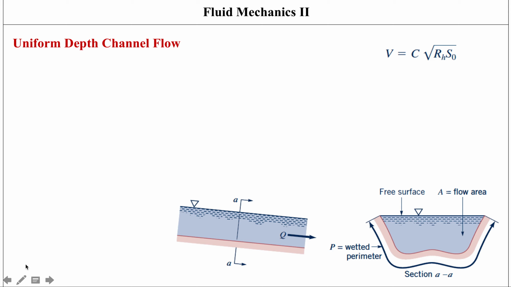And then you've got C here, which is a constant, and this is usually termed as the Chezy constant, for which the values are usually calculated on the basis of experiments. It's not dimensionless, and Chezy was basically a French engineer. He designed a canal for the Paris water supply. So this equation is from back in 1700s.